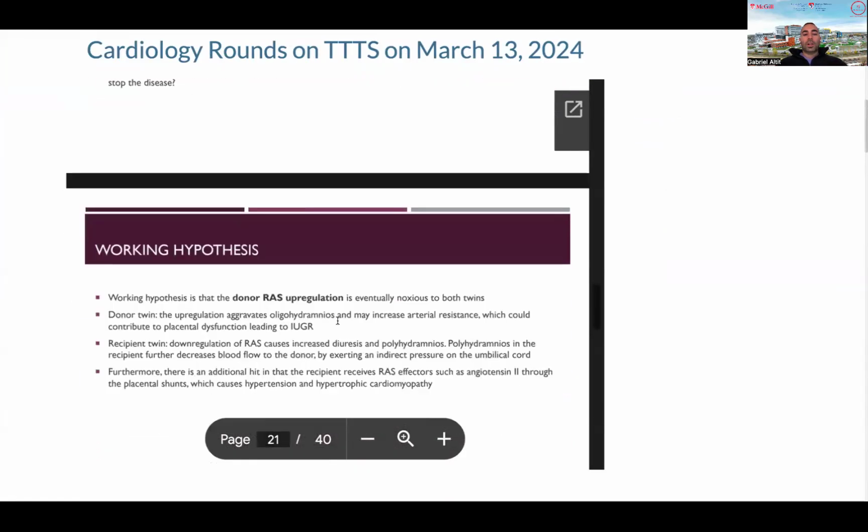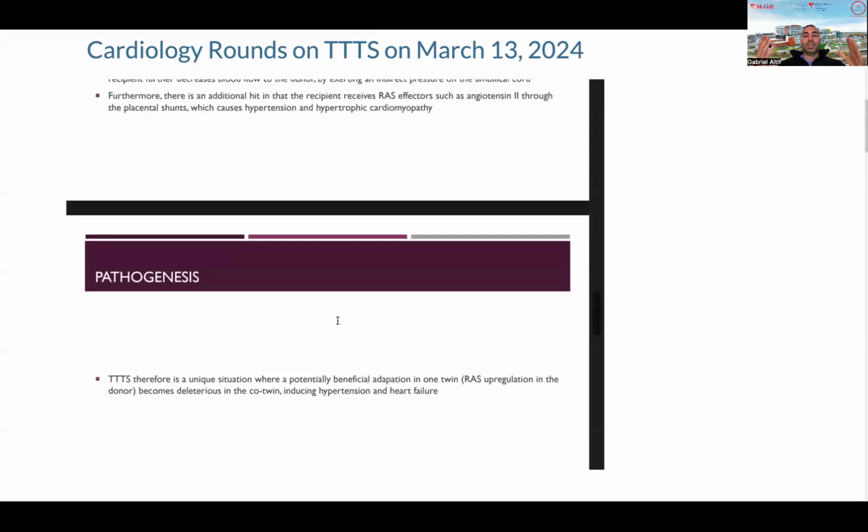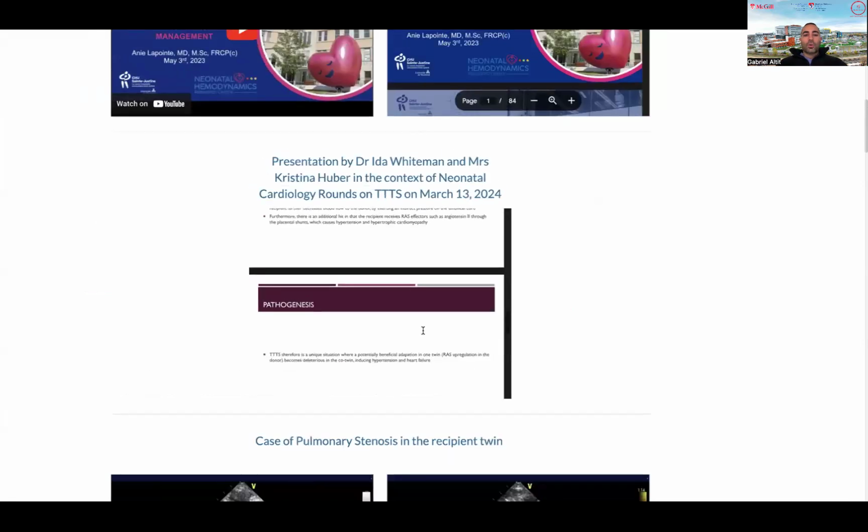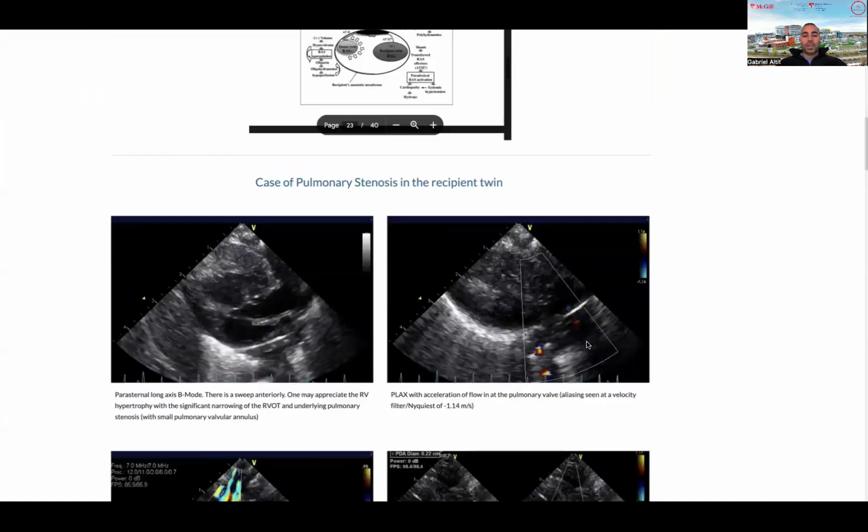So I do invite you to go over these slides and this presentation if you're more interested in the really interesting physiology of twin-twin transfusion syndrome, where they share a unique vasculature, and there's a component of transmission of hormonal messaging. So, for example, the regulation of the renin-angiotensin system in one fetus will eventually be transmitted to the other fetus, and so may have some paradoxical effect on top of the various loading conditions throughout the pregnancy and during embryology. So, very interesting to go through.